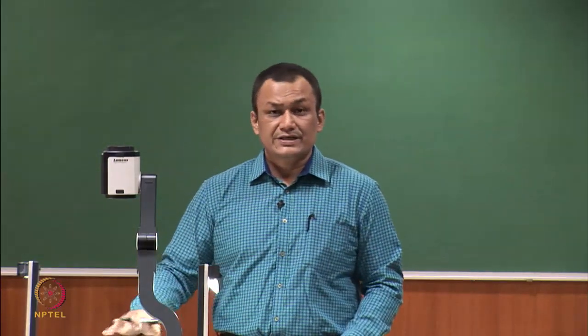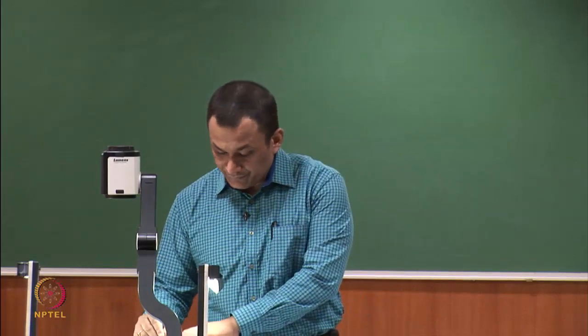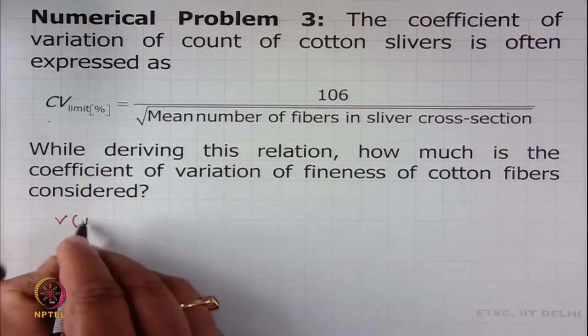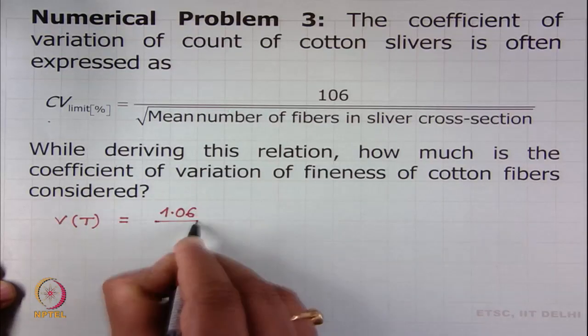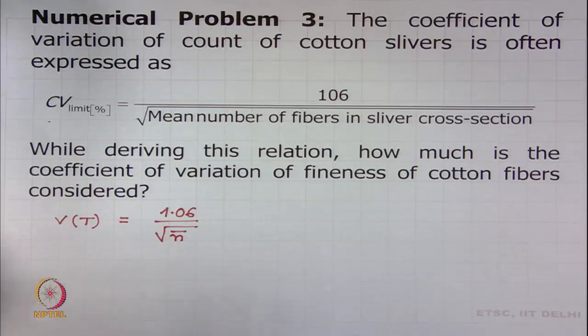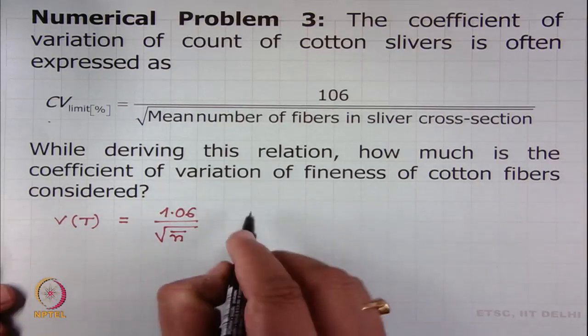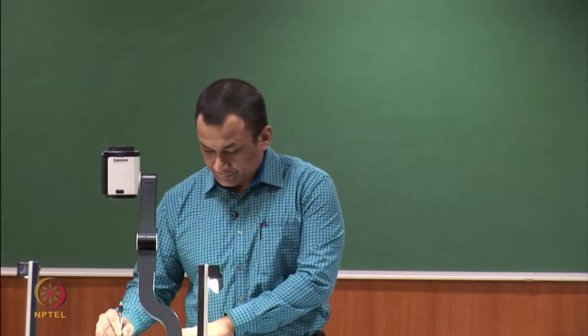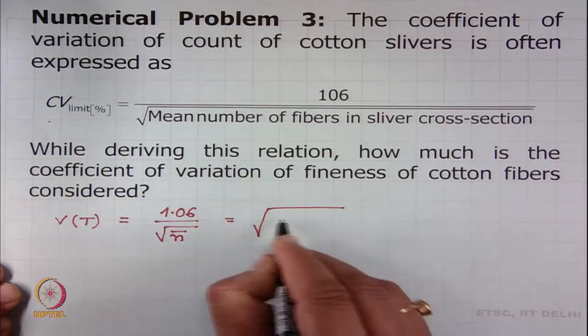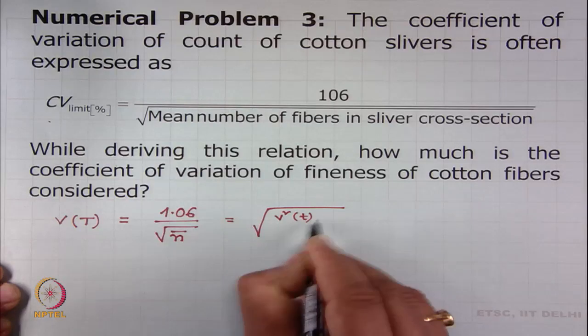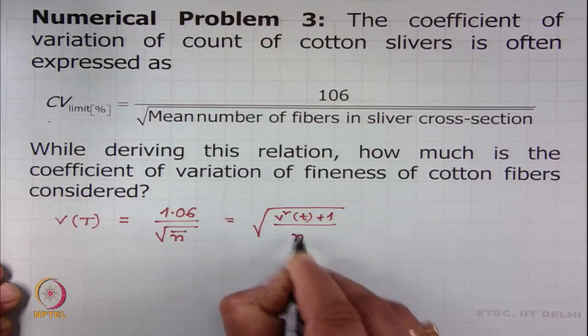So, we rewrite this expression in our symbols. V t is equal to, dimensionless, given. Right. The formula used to calculate this was this.